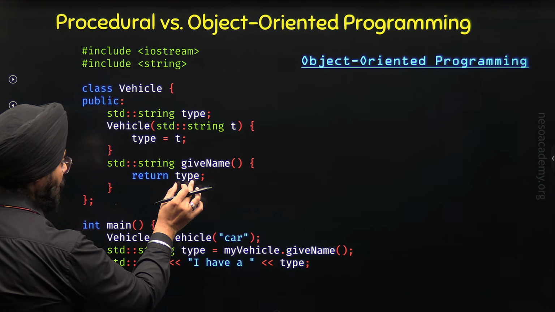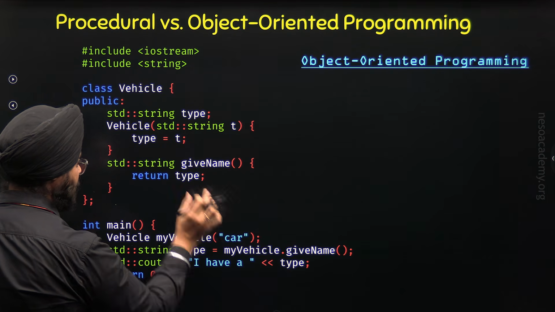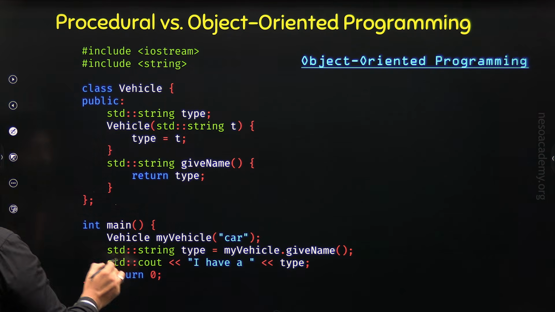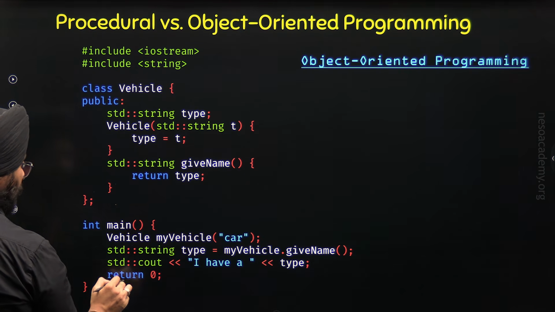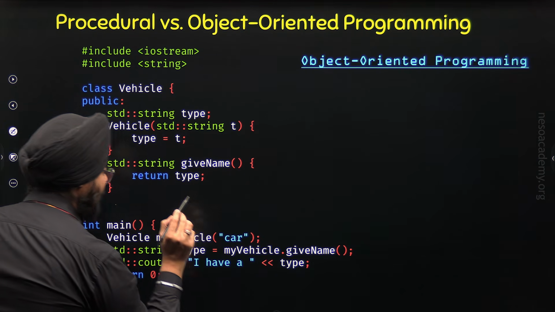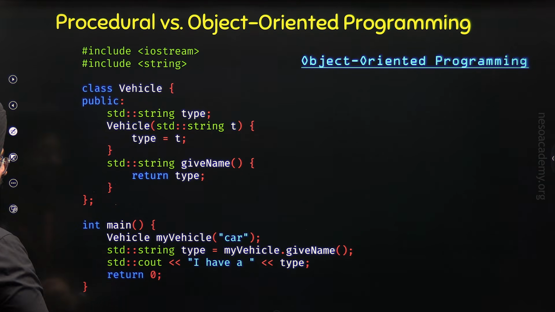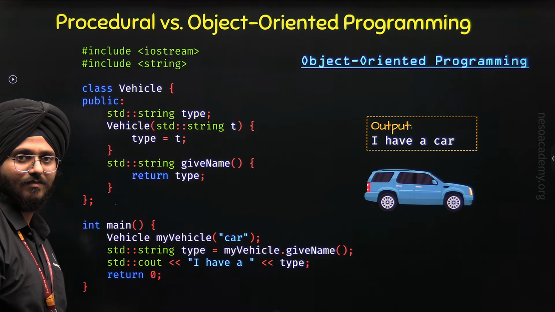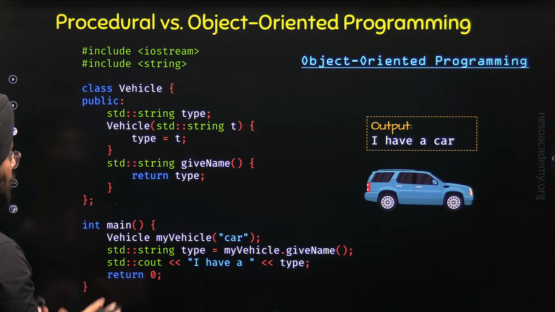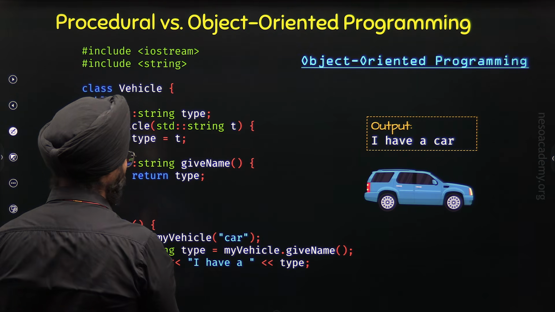So this type variable receives car as the string and this will be returned to us. So now this variable type, which is local to this function, receives the string car. Now with the help of std::cout, we can display the message, I have a car. So I hope this is clear to you. We are getting the same output as before.